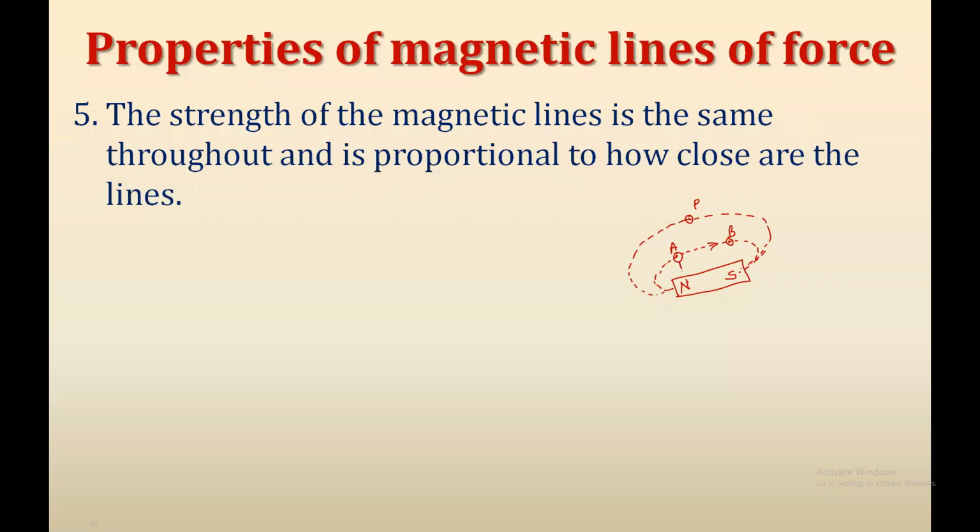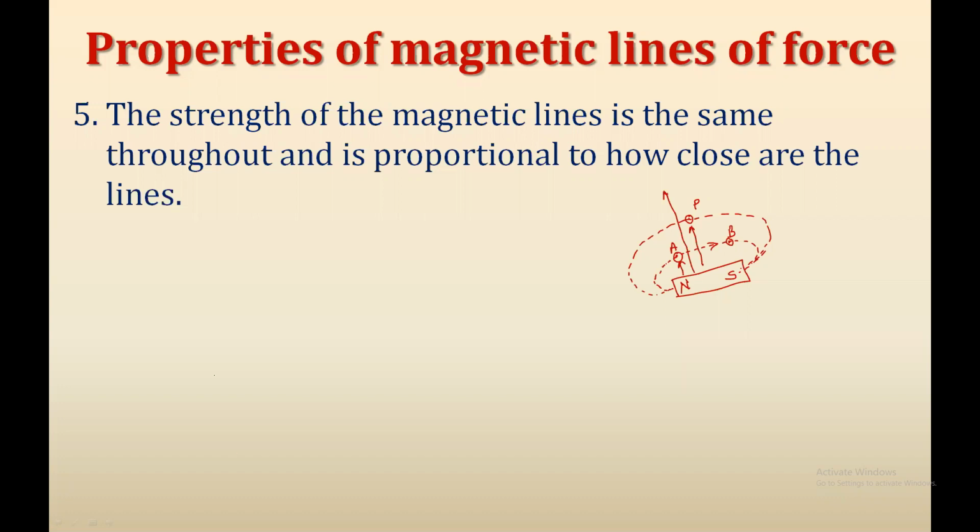The force acting on point A is greater than the force acting on point P. Why? Because point A is closer to the magnet as compared to point P. And as we move away from the magnet, this force goes on decreasing. That's why we say the density of magnetic lines of force near the magnet is very strong, and as we move away, its density and the force acting will decrease.